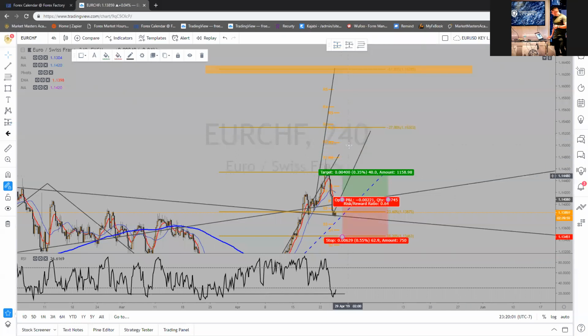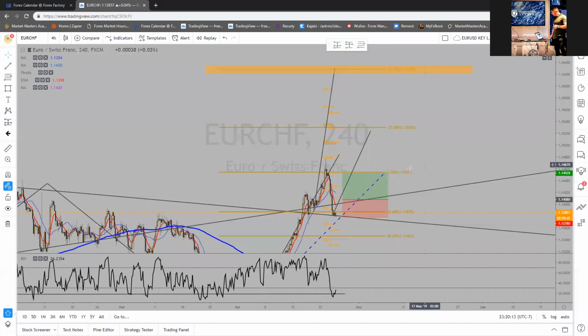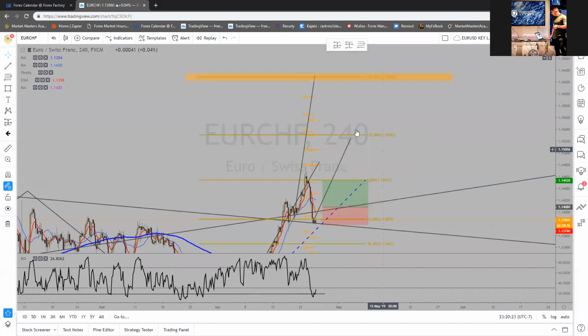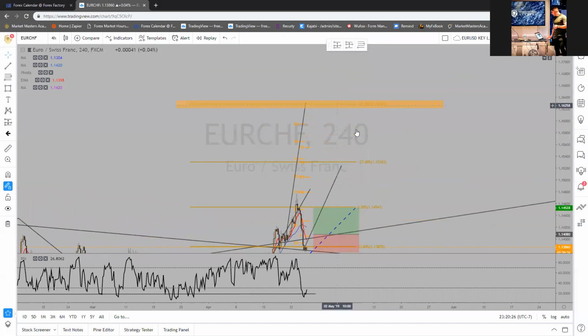This can be a take profit at this 0.0 level, and then the stop loss can be somewhere right there. That could be take profit 1 at this area here, and then take profit 2 being that negative 27%. And then we can also have that take profit 3, but this distance is really high up.